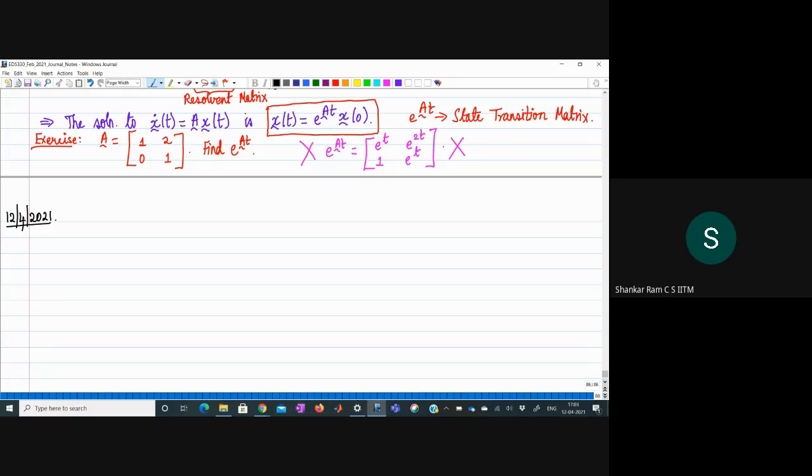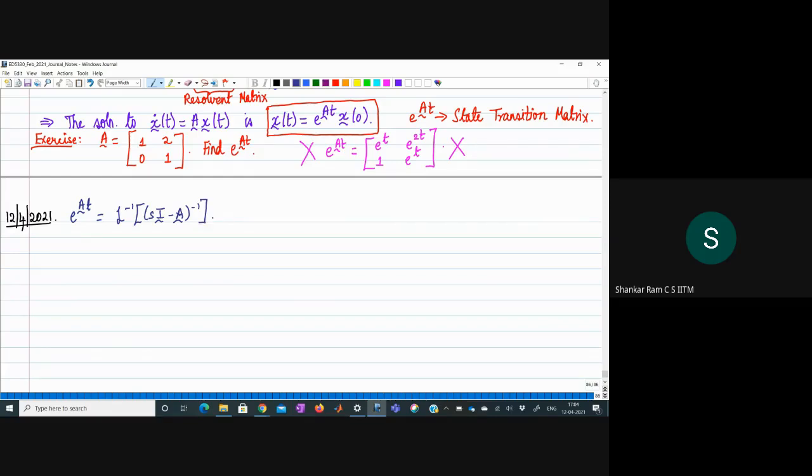The exercise problem that we are looking at was to figure out how to calculate the e power At. If we recall, e power At could be calculated by taking the Laplace inverse of sI minus A inverse, right? That was the idea behind calculating e power At.